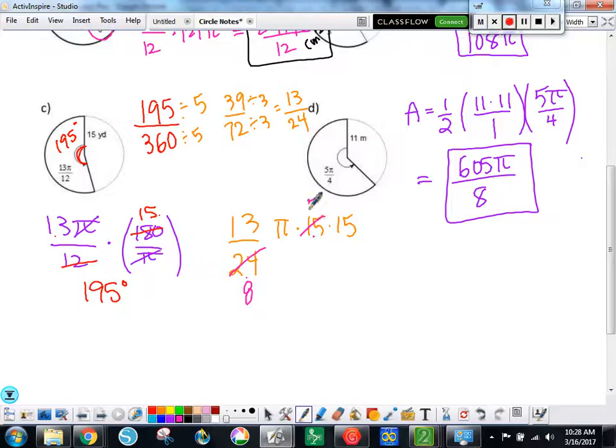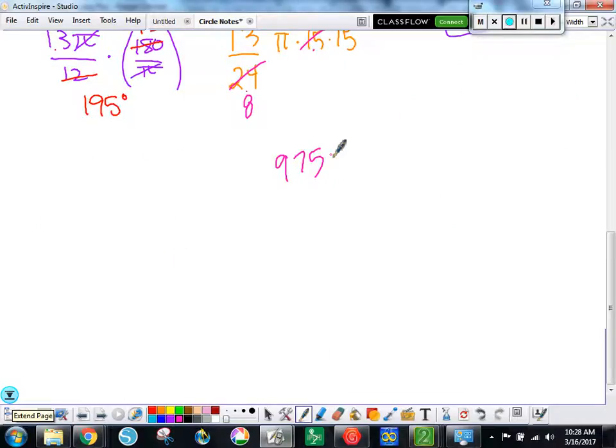Divide this by 3, you get 5. Anything else? So what's 13 times 5 times 15? I feel like I lost it. What is it? And then 35 pi over 8. Woo! Thanks for watching.